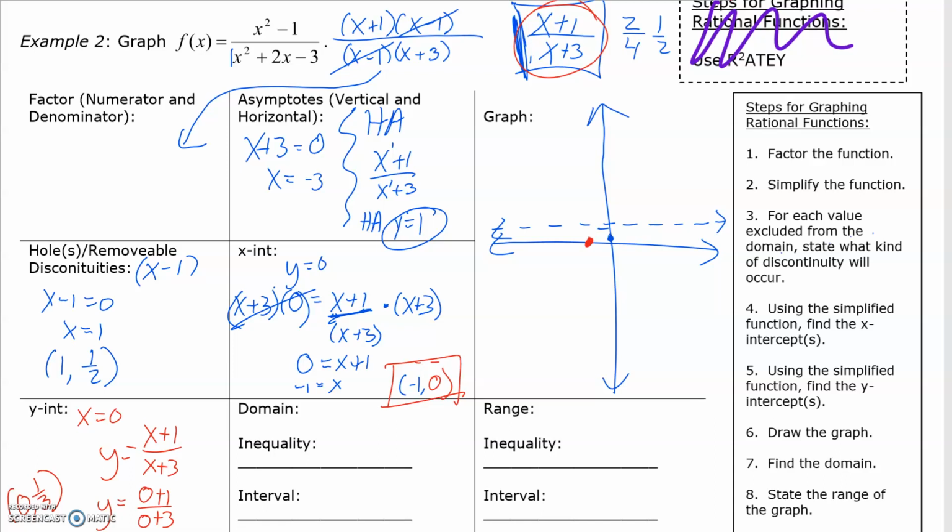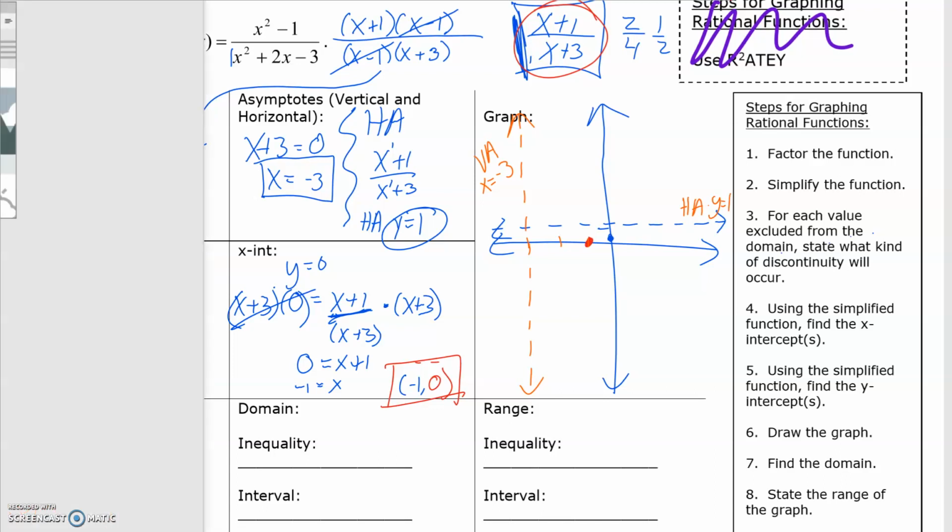It's right here: x equals -3. So this graph is going to have a vertical asymptote at x equals -3 and a horizontal asymptote at y equals 1.